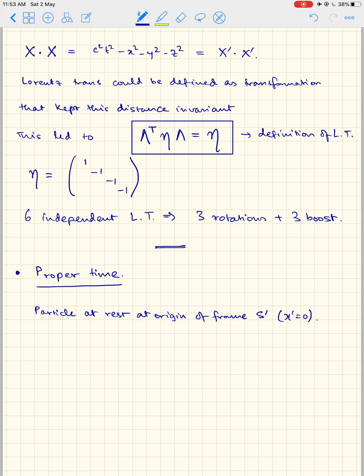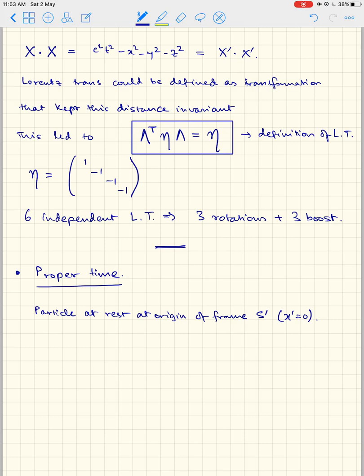So consider the interval between two points on the world line of this particle. Remember, as a particle moves along space-time, it follows a trajectory, and this particular trajectory is called the world line.